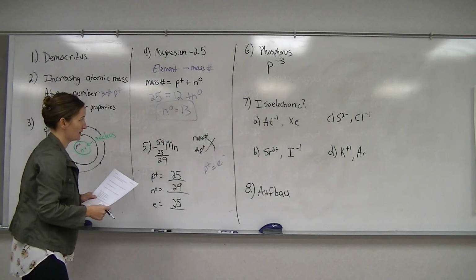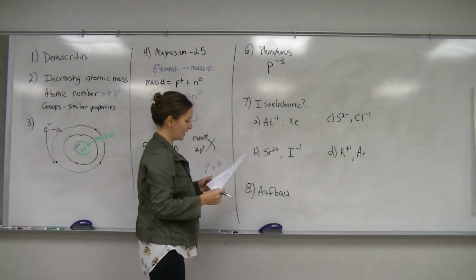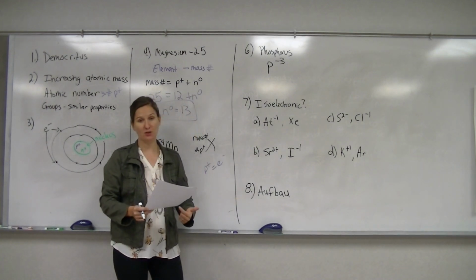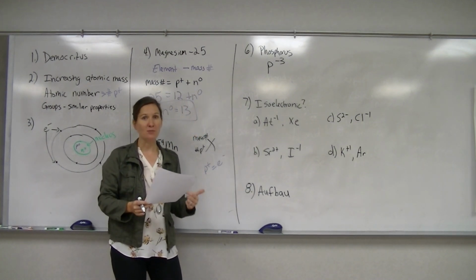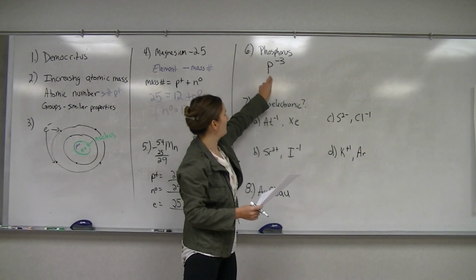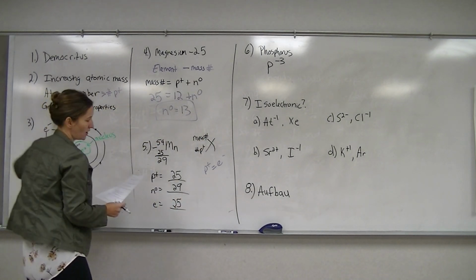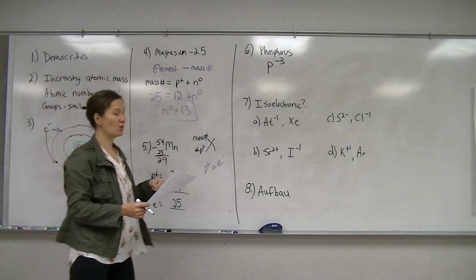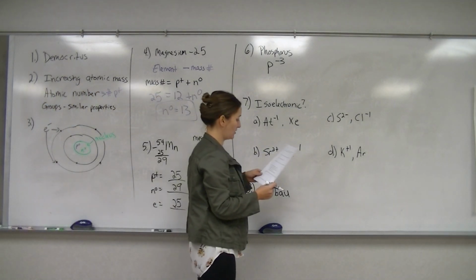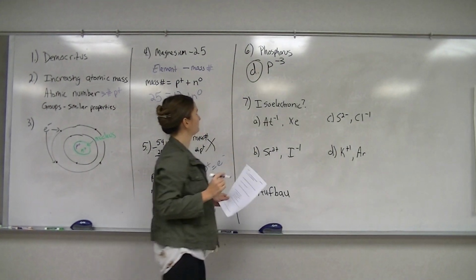And that is correct, it does like to gain 3 electrons to become isoelectronic with argon. So remember, isoelectronic means the same electron configuration, the same number of valence electrons. So if it gains 3 electrons to become P-3, it's going to become isoelectronic with the noble gas in the same row, and argon is in the same row. So yes, it is isoelectronic with argon. So D would be our correct answer for that one.